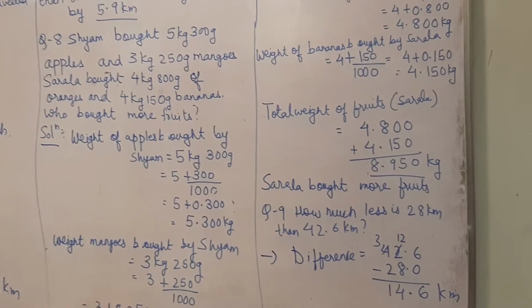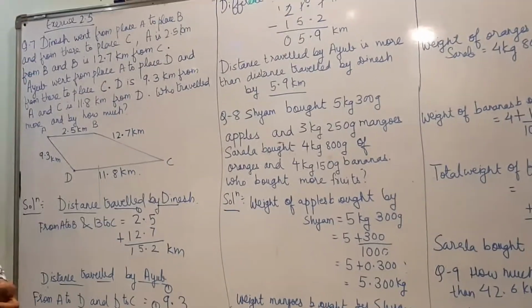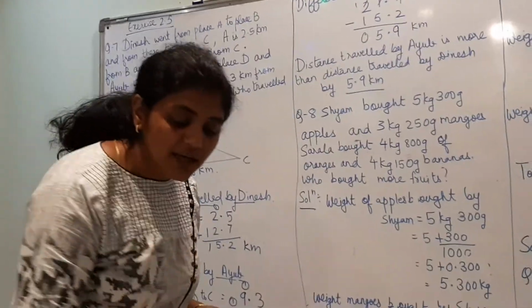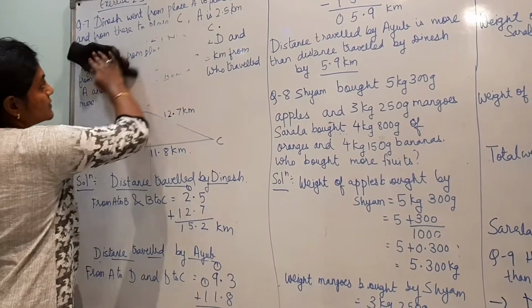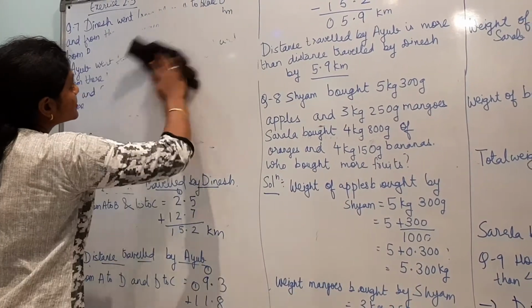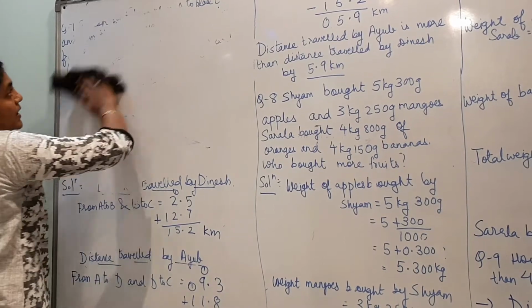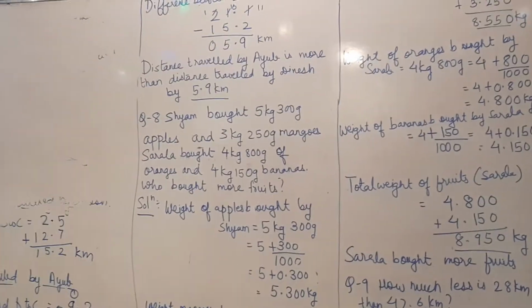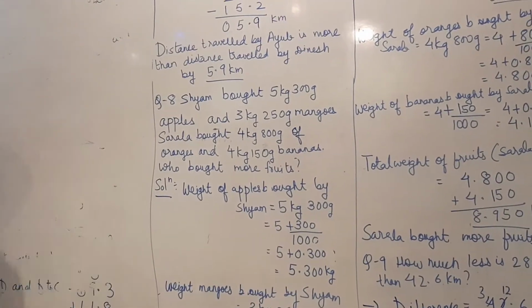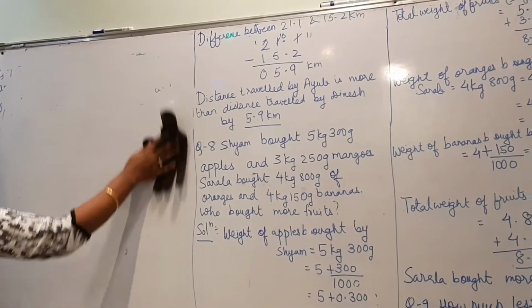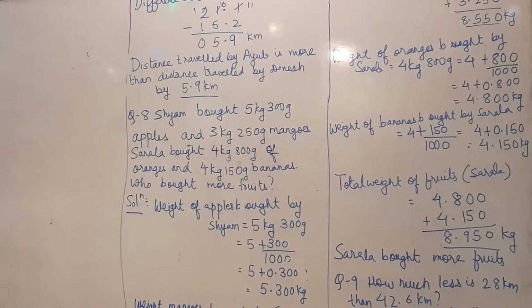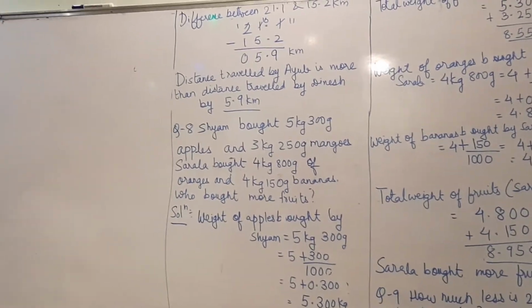Now, before starting with 2.6, I will just give you an explanation of multiplication of decimal numbers. You have learned in class 5th, not in class 6, but this is definitely learned by you in class 5th.